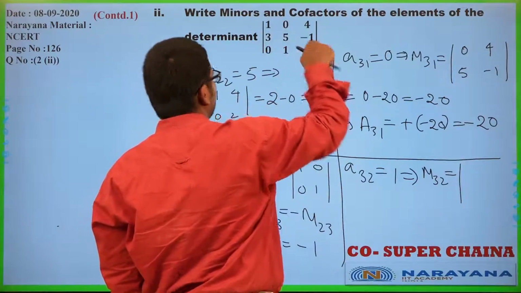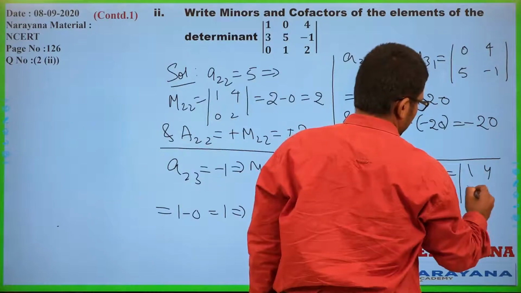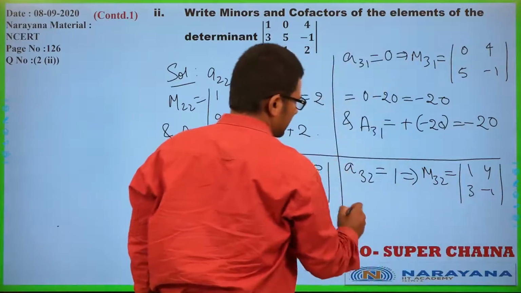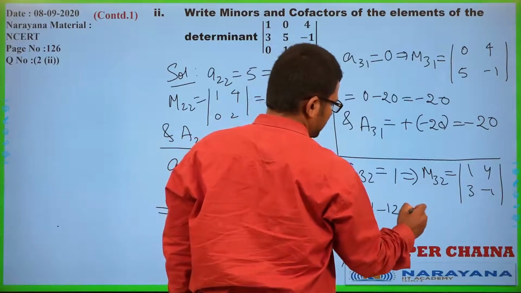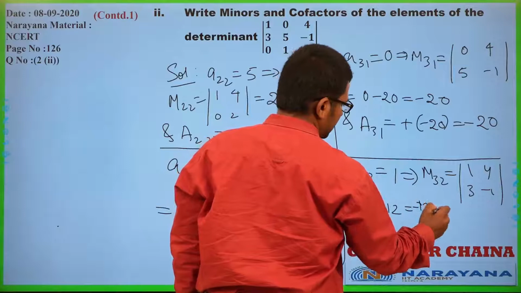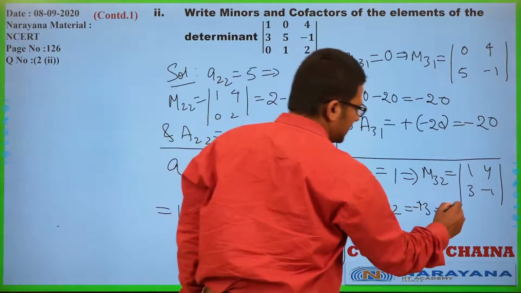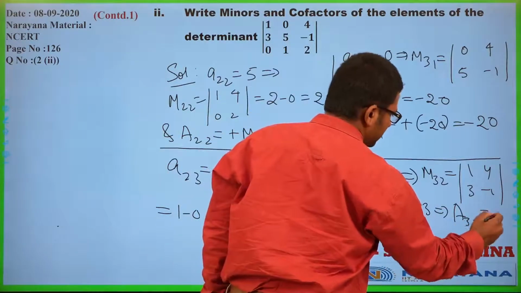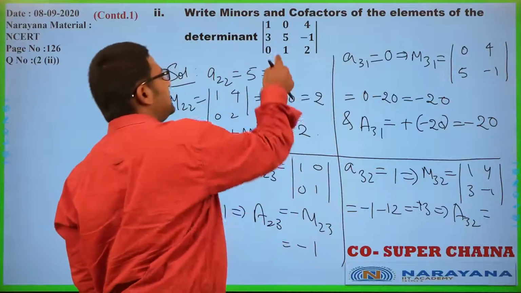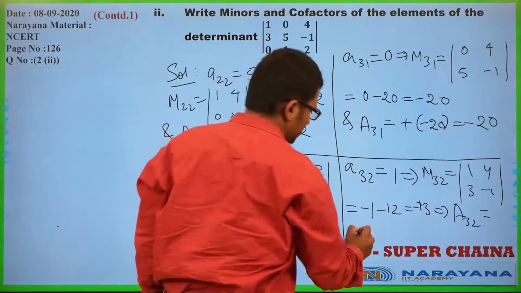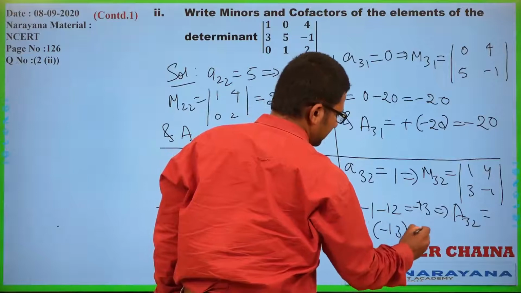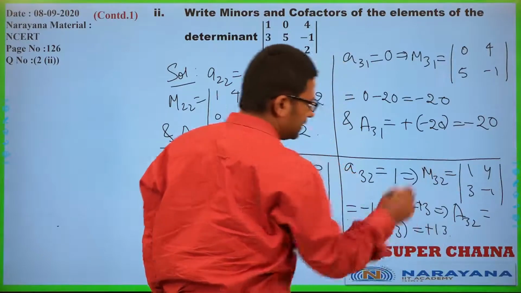So 1, 4, 3 minus 1, which is minus 1 minus 12, so minus 13. And if this is minus 13, then capital A32 would be, see, center of an edge. So minus of minus 13, which is plus 13.